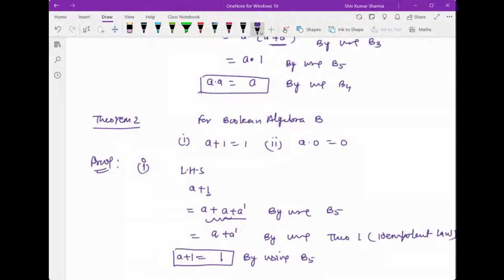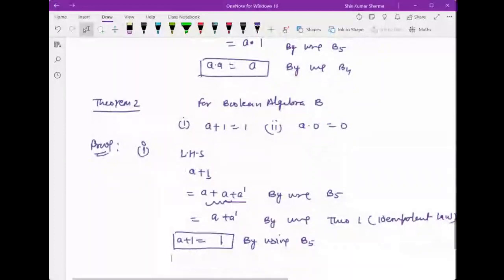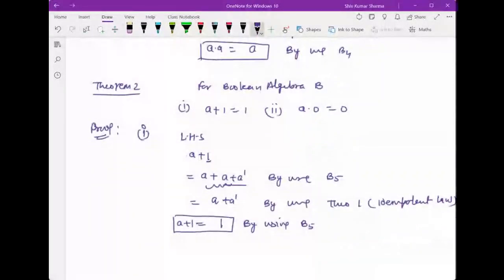Similarly for the second part, taking the LHS we write A into 0.